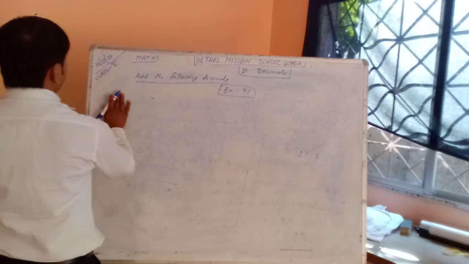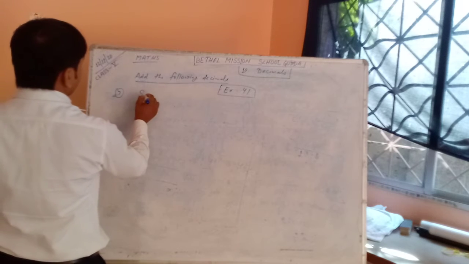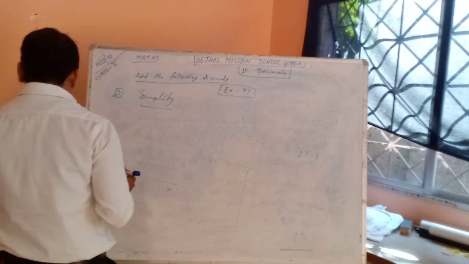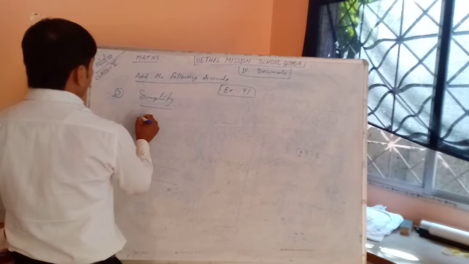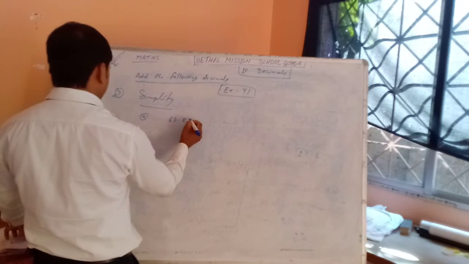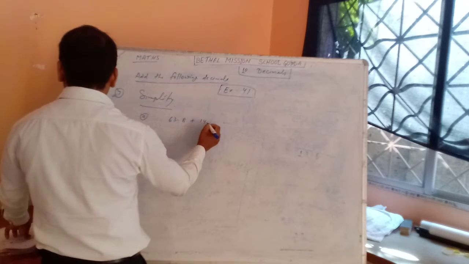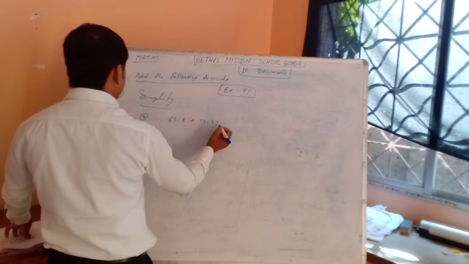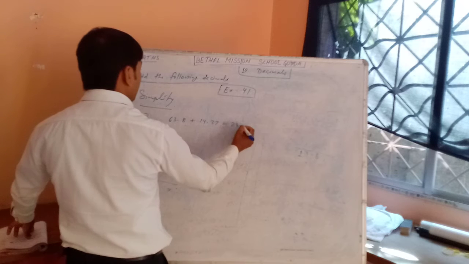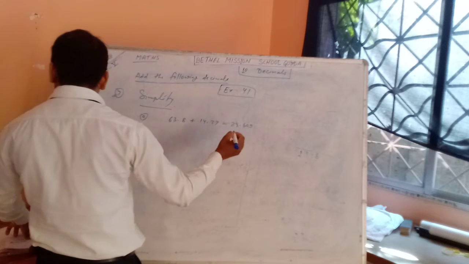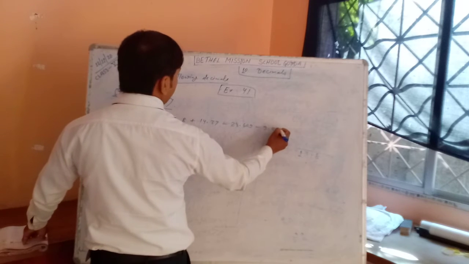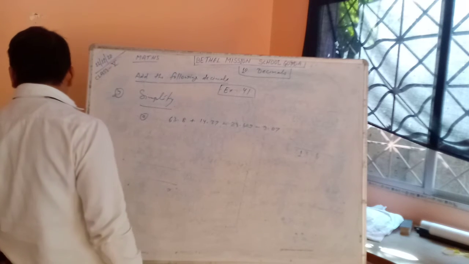Seven number question, that is simplify, where both are given the same: 63.8 plus 14.37 minus 28.609 minus 9.07. This is the question.